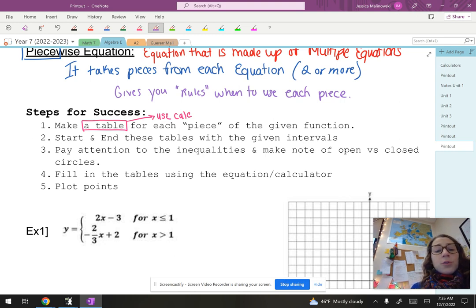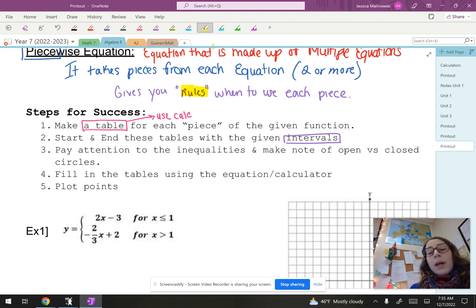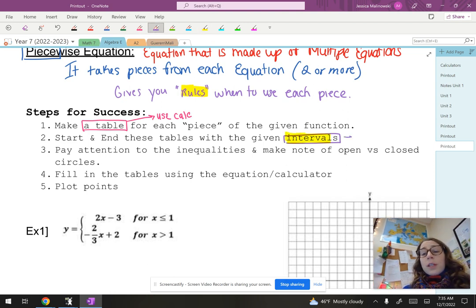Okay, so step 2 is to start and end these tables with the given intervals. You're going to be given, like I said, those rules about when to use each equation. And those intervals are talking about x values.